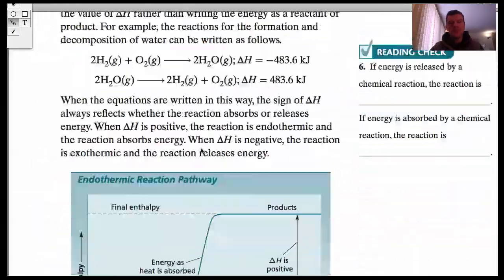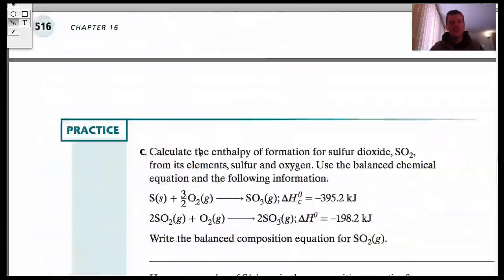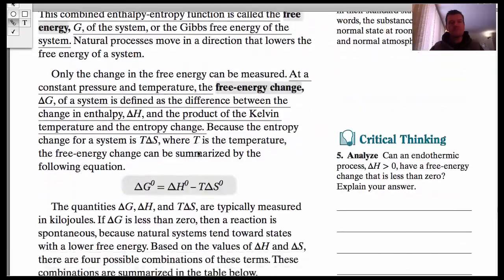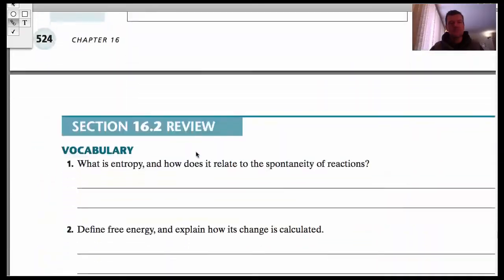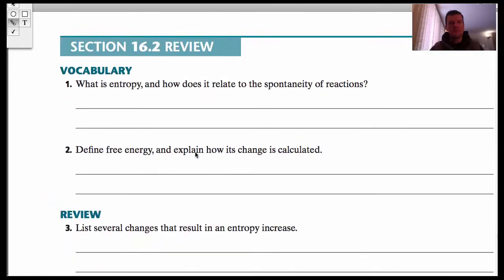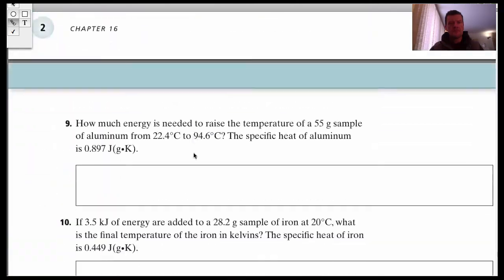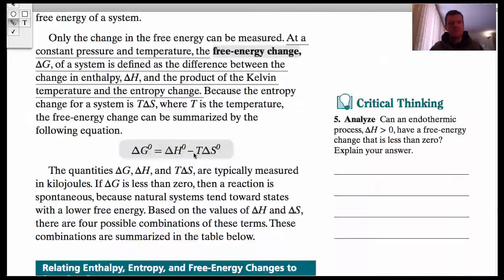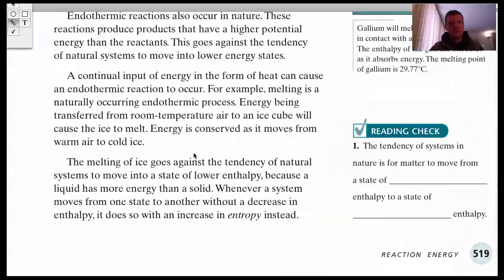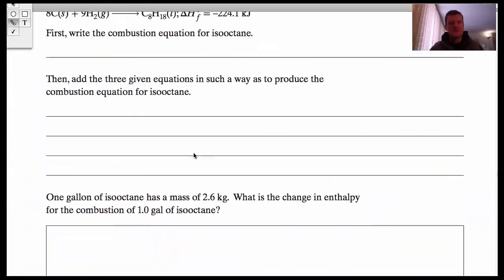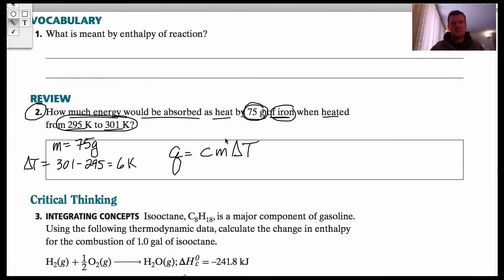And we're going to use that in our formula, 0.449. So our C is 0.449 joules per gram Kelvin.